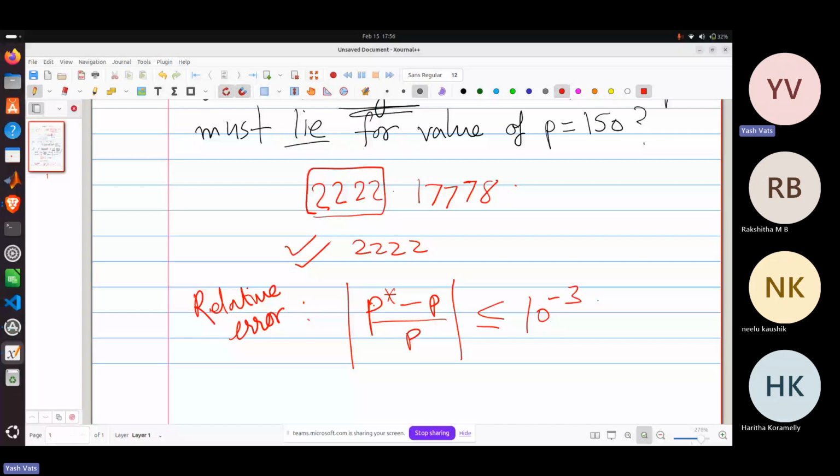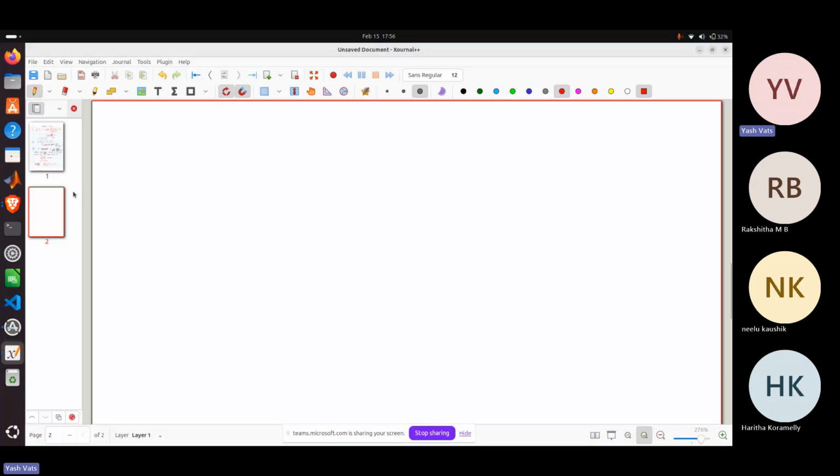After this, you just have to substitute the value of P. P is given as 150, so you substitute: the absolute value of P star minus 150, divided by 150, is less than or equal to 10 to the power minus 3.